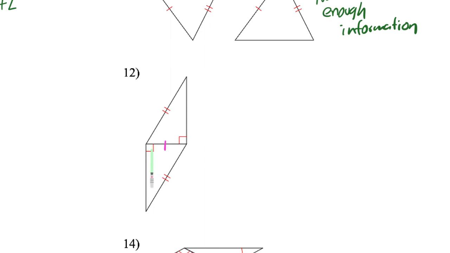So again, we have a right triangle because this is a right angle. We have the hypotenuse. Again, not every time that we have right triangles is going to be by hypotenuse leg. But in this case, the hypotenuse of each triangle is congruent, and then we have one leg of each one that is the one that they share. So that means that those two triangles are congruent by hypotenuse leg.